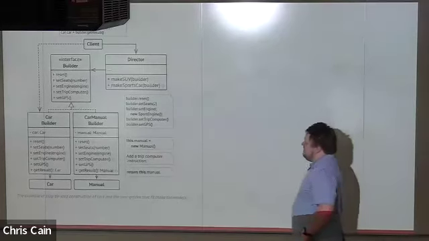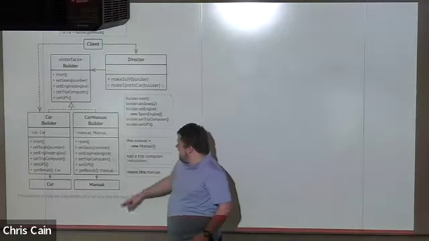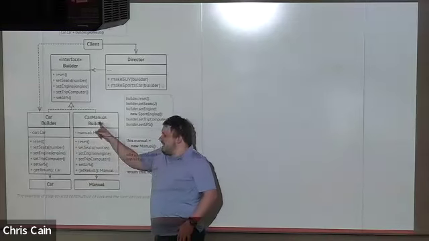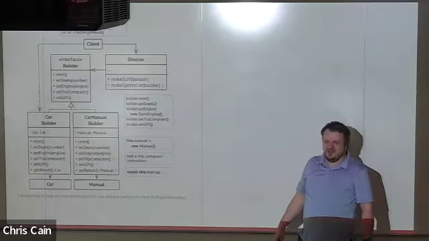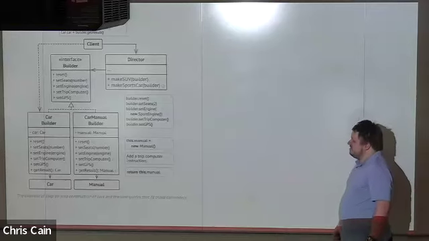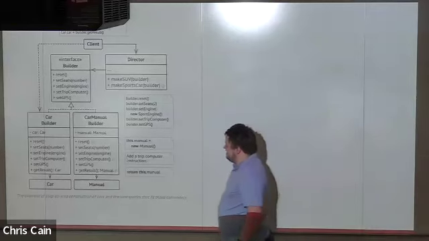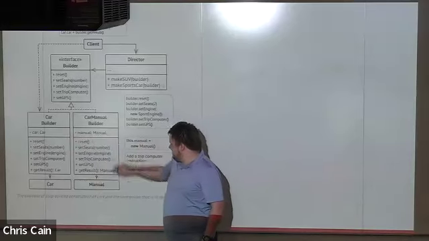The builder knows how to make each one of those things, and we have a car builder and a car manual builder, one of which produces the car and one of which produces the manual for the car, that inherit from the same things. So this produces a car, this produces a manual.